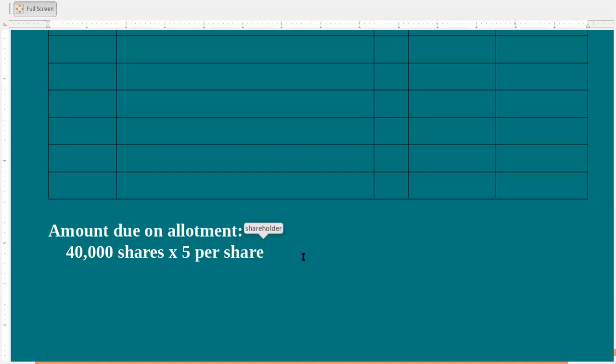Okay, what is the amount? It's rupees 2 lakh. And now, we already calculated amount due on allotment. Now we have to consider what is the amount actually due, or what is the amount payable by the shareholders.